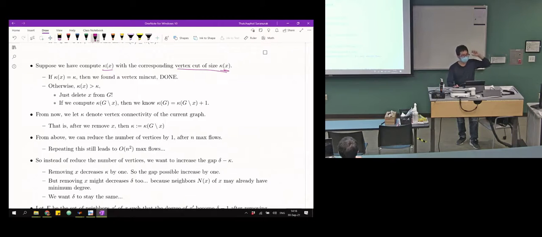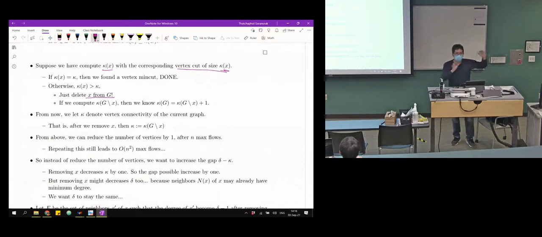But if kappa x is strictly more than kappa, then you know something else too: if you delete x from the graph, you make progress, because the vertex connectivity is reduced by 1.